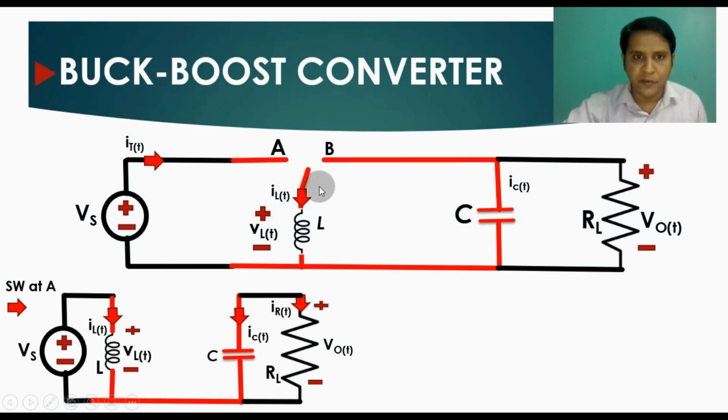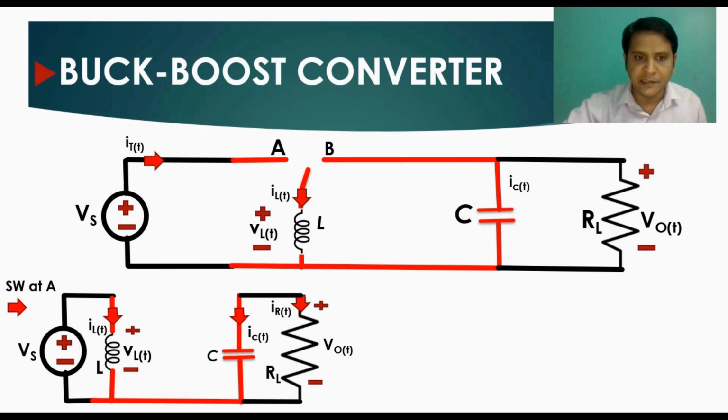If you want to find the equivalent circuit for this buck boost converter, if switch is connected here, in this case you have supply voltage and this is connected to the inductor. Okay, so during t on time, inductor charges up its energy, right?